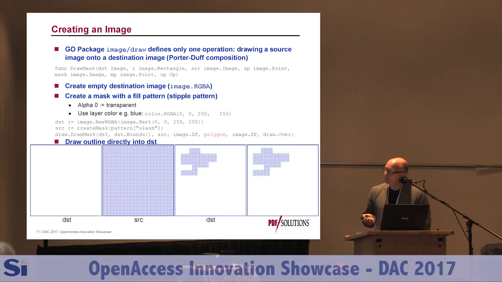So the idea is the following. You start with an empty image. You create a source image which has a pattern assigned to it, and that's the pattern you want to use to color your image. If you think about Cadence or any other EDA tool, they have this stipple pattern for fill and for outlines. So this is your fill pattern and color. That's what the user gets to determine.